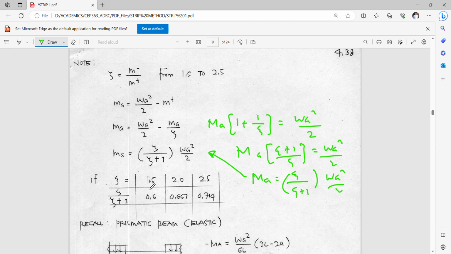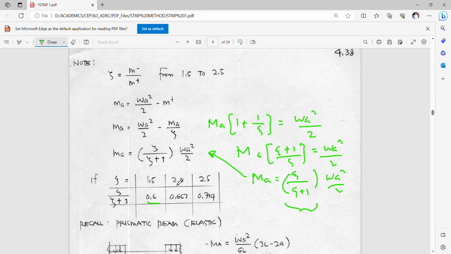And if we take note of the value for C and C over C plus 1 ranging from 1.5 to 2.5, you will again notice that this factor here is somehow not increasing drastically even though your C factor or the C ratio is increasing in terms of very big value.